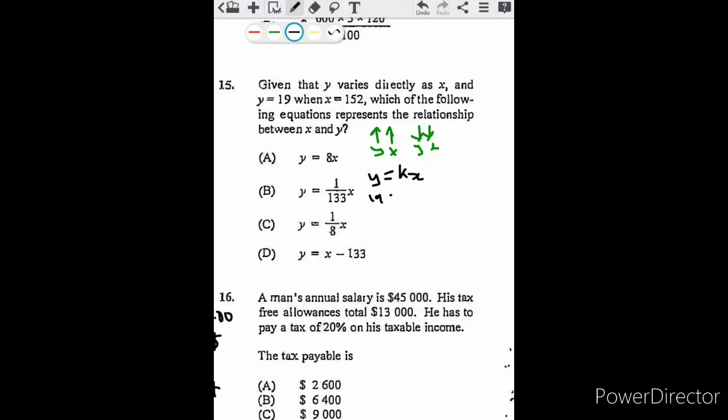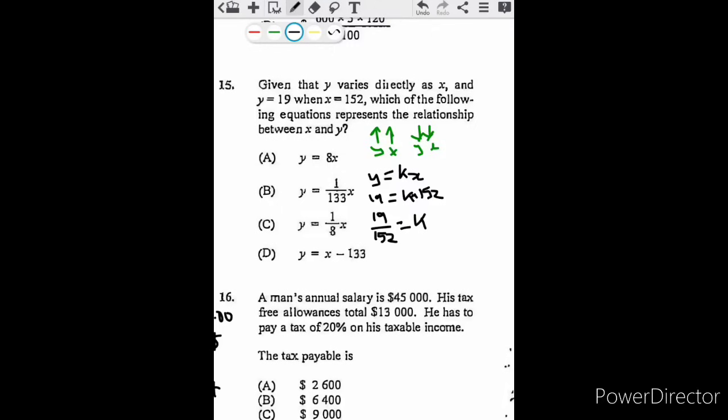So y is equal to 19 and that is equal to k multiplied by 152. Let's just write it properly. Sorry. So we need to find k, so therefore we divide by 152. So we have 19 divided by 152 is equal to k.